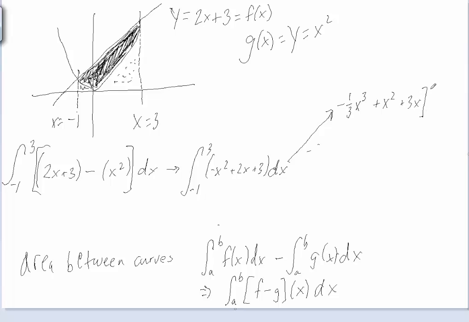And we'll evaluate that between 3 and negative 1. So we get negative 1/3 times 3 cubed plus 3 squared plus 3 times 3, minus negative 1/3 times negative 1 cubed plus negative 1 squared plus 3 times negative 1.